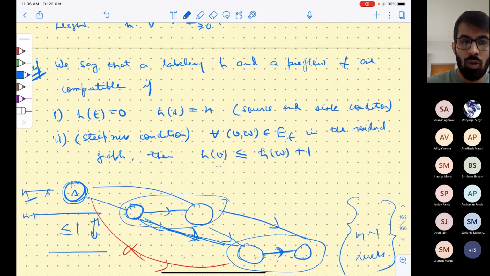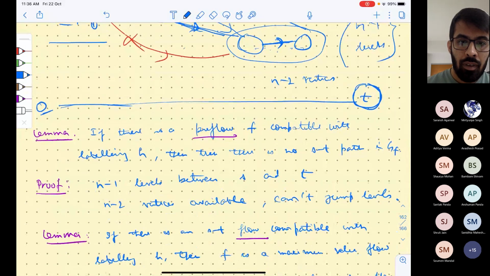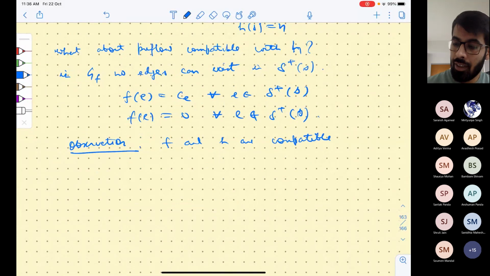So if there is a back edge to S, then the labeling of the vertex from which there is an edge should be less than or equal to the labeling of S plus 1, which is fine, right? So you can verify that F and H are compatible. Okay, good.